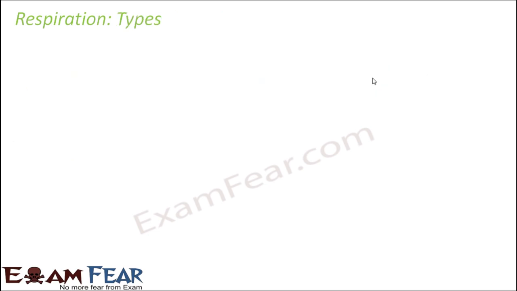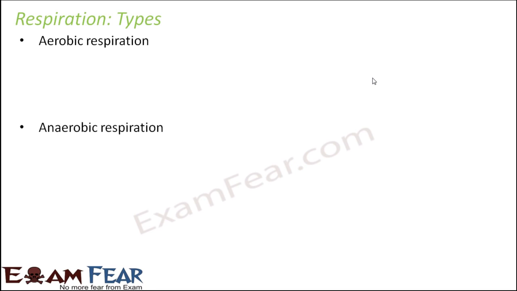So now let us talk about the types of respiration. Based on the presence or absence of oxygen, respiration can be broadly divided into two types, aerobic respiration and anaerobic respiration, as I said. So aerobic respiration is that type of respiration which occurs in presence of oxygen. So oxygen is mandatory for aerobic respiration to take place.